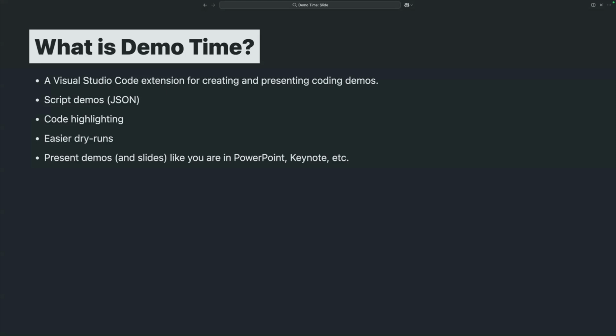Maybe you want to always do that during your session, so you can use code highlighting straight from demo time. You just script it, and the next time you run that demo, it's going to highlight it for you. There's also an action where you can do it manually. You select a couple of lines, click highlight, and it will highlight for you.